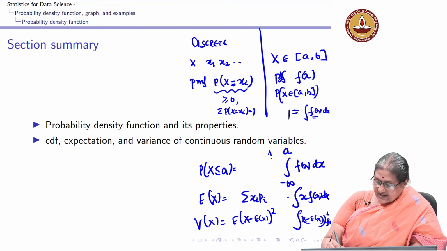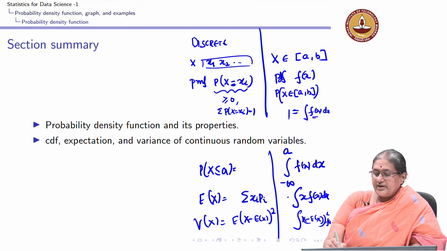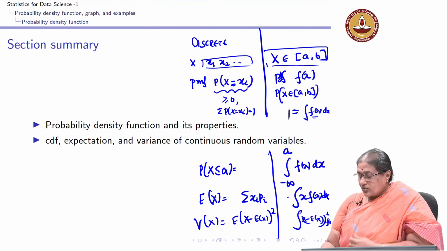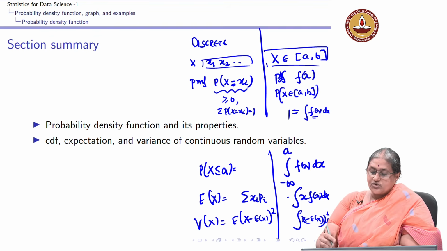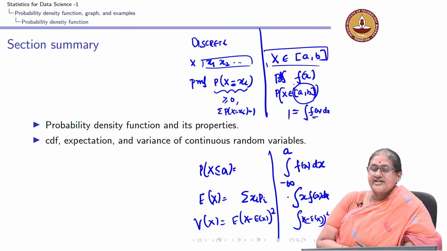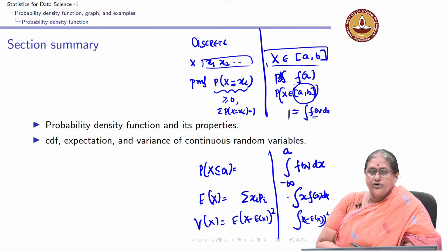So, you can see that the key difference is countability here, and here it is measurability. So, when you are going into higher or advanced courses, you will be talking about these are measurable sets. In fact, you talk about what are Borel measurable sets. I am not going to focus on that now.